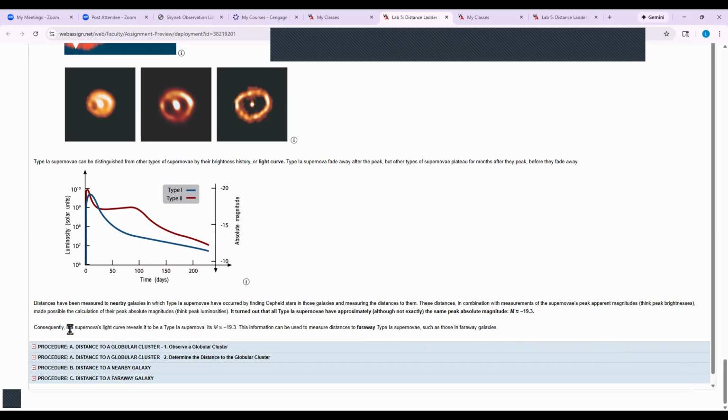And then another fact that we have here: if supernova light reveals it to be type 1A, the absolute magnitude is always minus 19.3. And therefore, this is one of the key things that help us measure the distance. It is strange. The question is why all of them are minus 19.3.